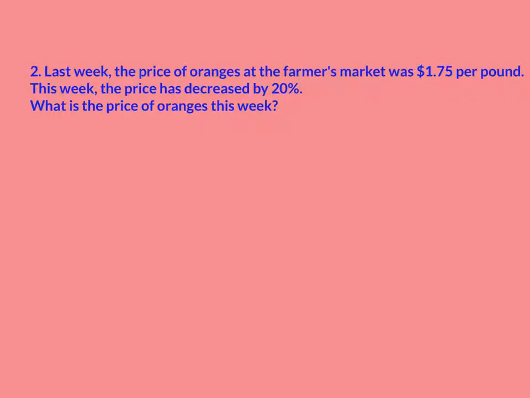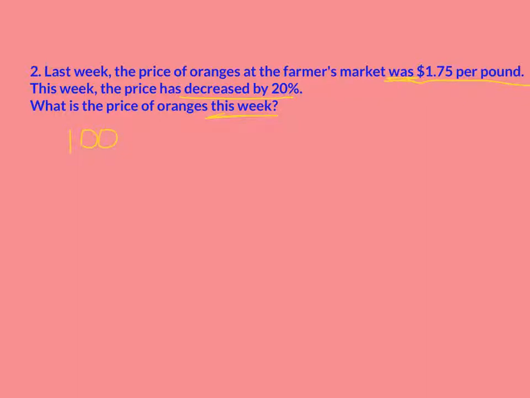Next, last week the price of oranges at the farmer's market was $1.75 per pound. This week the price has decreased by 20%. What is the price this week? Okay, so again, we know that we always start with 100%. Was, so that's what we're starting with.